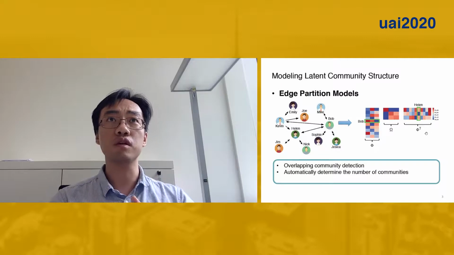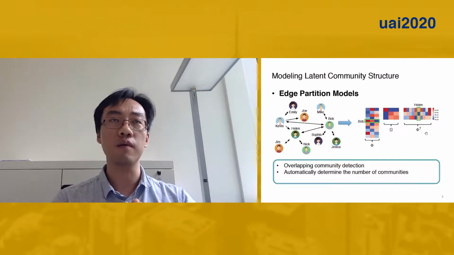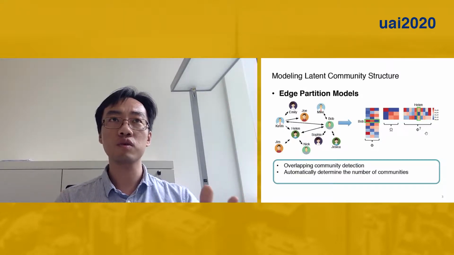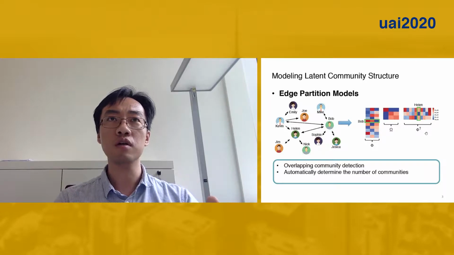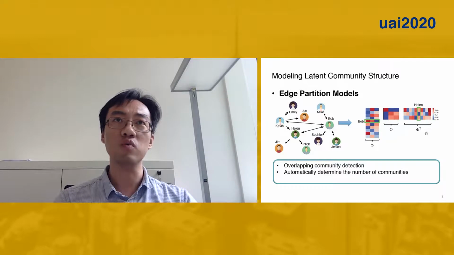Specifically, to model the latent community structure, we resort to a recently advanced network community detection method, the edge partition model. Given the single network snapshot as shown in this figure, the edge partition model represents each node with a positive feature vector.